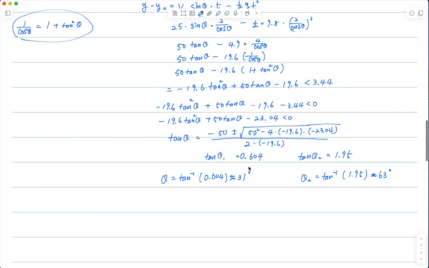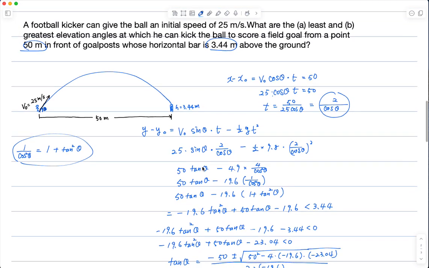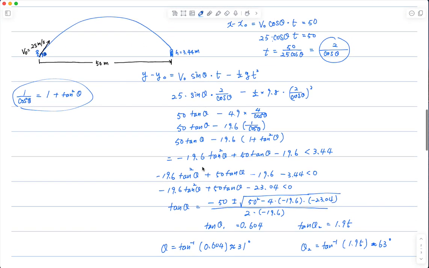So the least is 31 degrees and the greatest is 63 degrees. That's the answer for this question, and we went over together how to solve it.